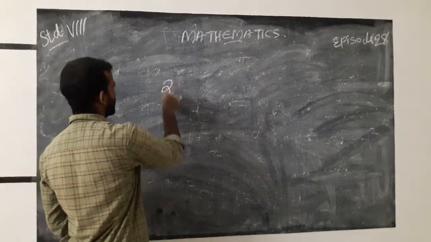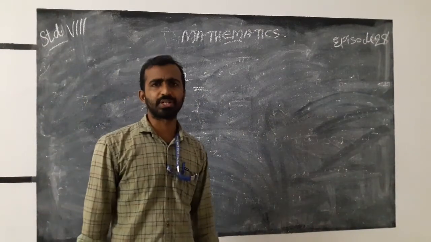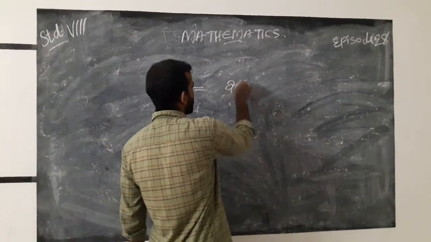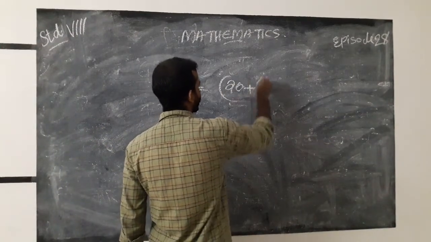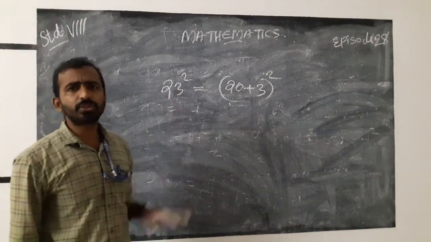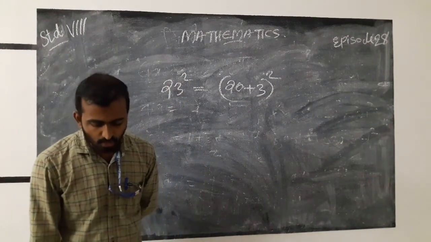That is 23 square. This calculation is very complicated. To make it easy, we write 20 plus 3 the whole square. That is, we split 23 as 20 plus 3.